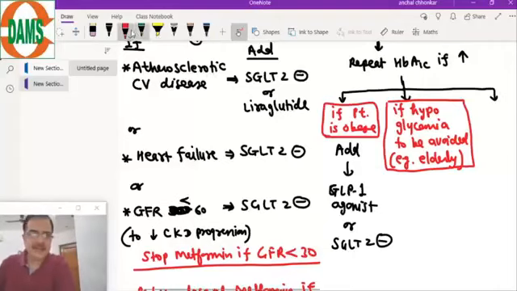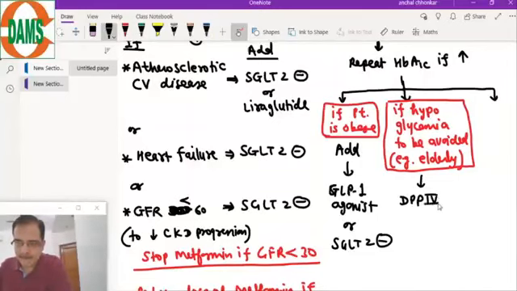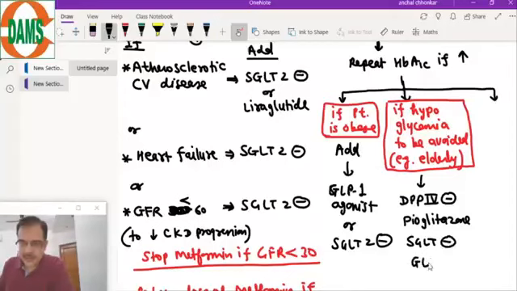So in that case, we will go for DPP4 inhibitors. We will go for pioglitazone, SGLT inhibitor, or GLP-1 agonist.